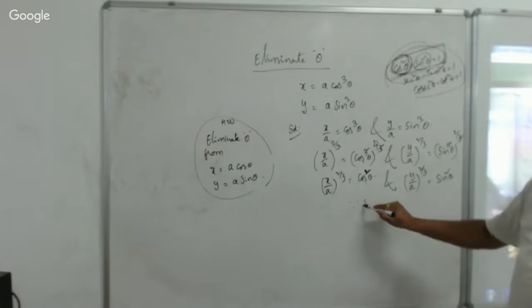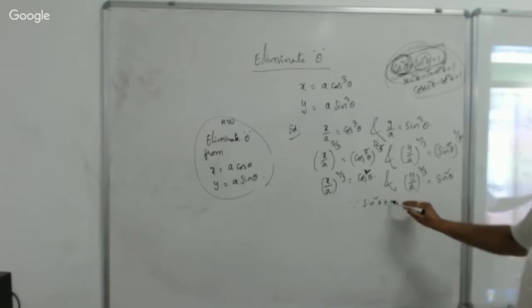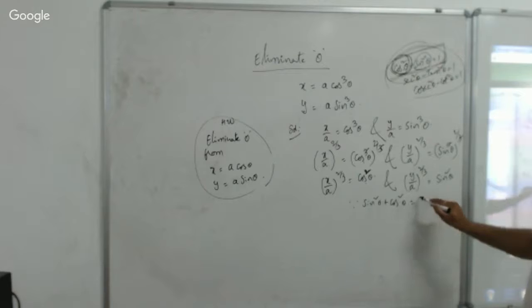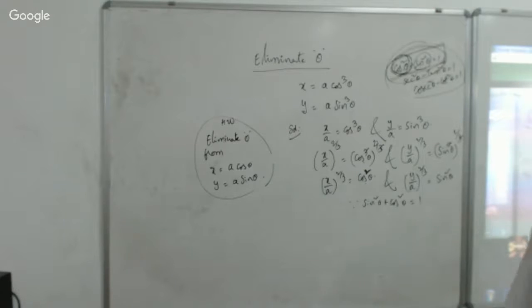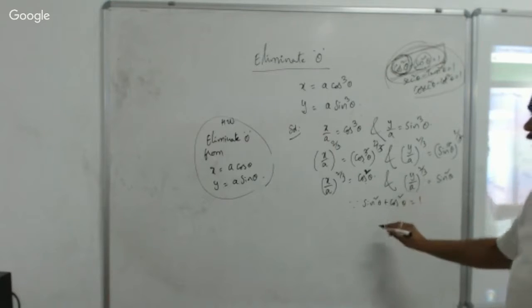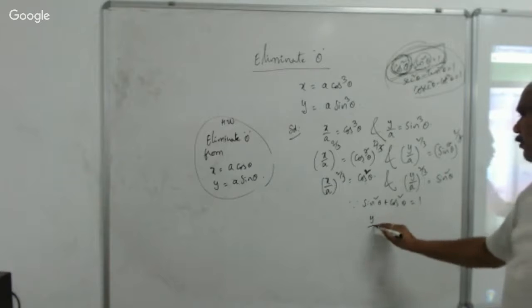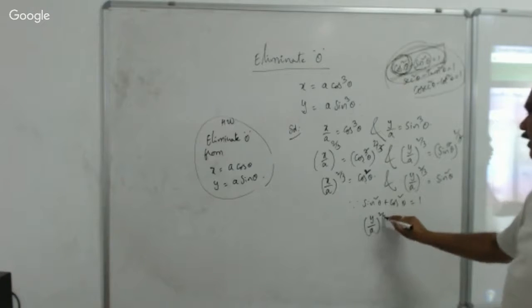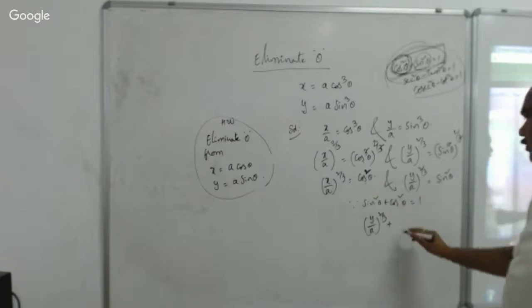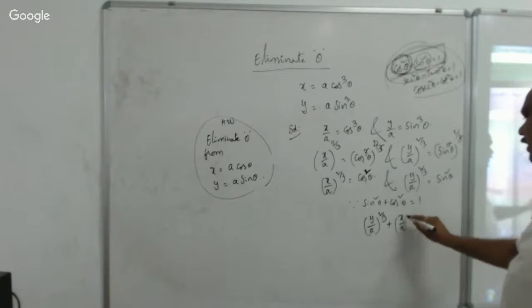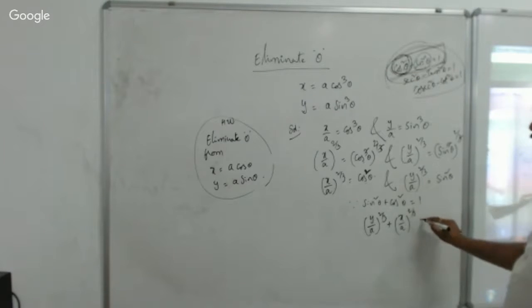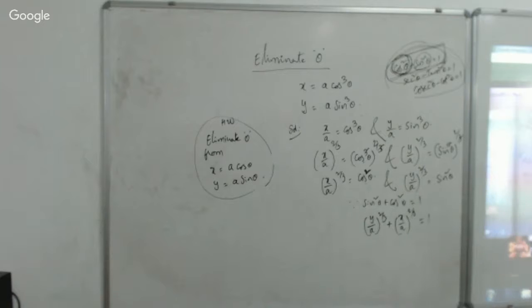Since sin square theta plus cos square theta equal to 1, sin square theta means y by a raised to 2 by 3, cos square theta means x by a raised to 2 by 3, equal to 1.